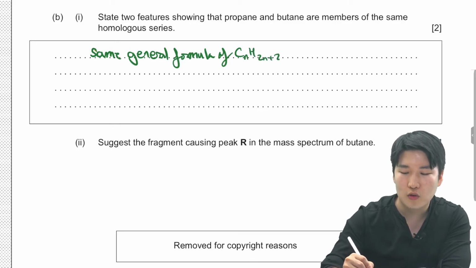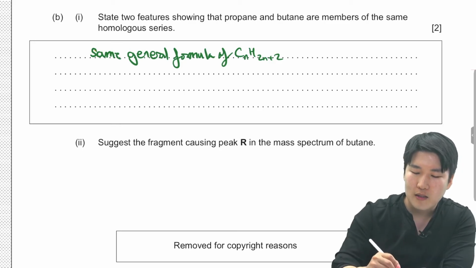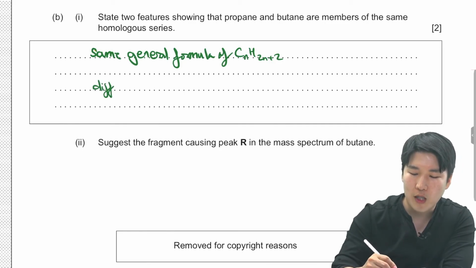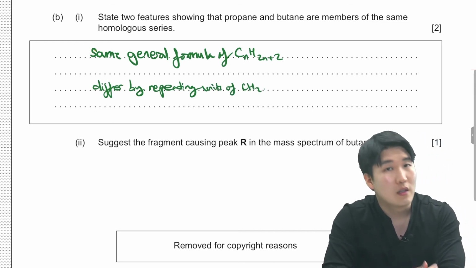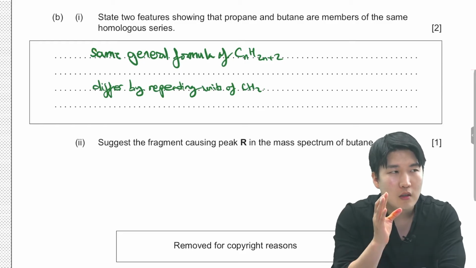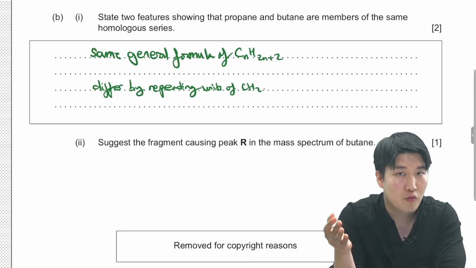CnH2n+2 would be the general formula, as well as members differing by repeating units of CH2. Similar chemical properties. They undergo similar reaction mechanisms like free radical substitution reaction.